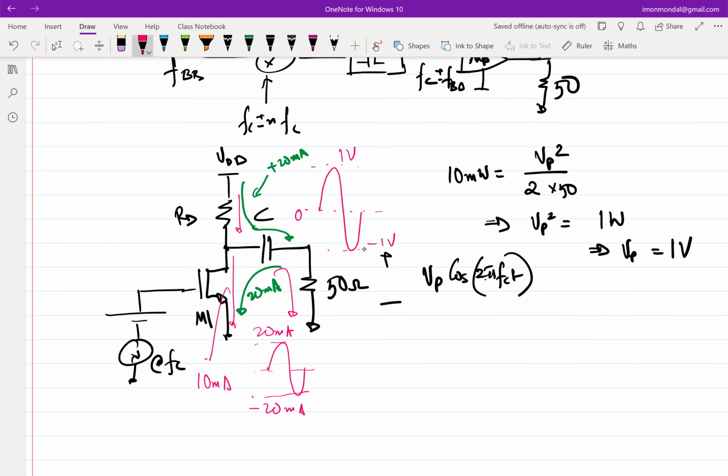In that case, what will be the current through the 50 ohm load? Assume the capacitor to be shorted at signal frequencies. When the signal was not applied, no current was flowing through the 50 ohm load. Now the signal is applied. How will you get 20 milliamps out of it? Will the KCL at that node get satisfied?